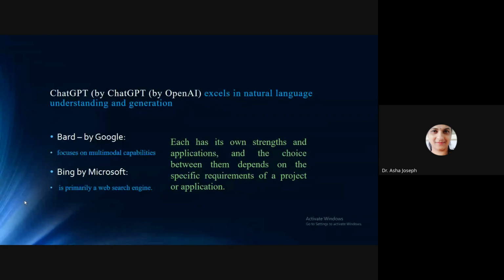And finally, Bing by Microsoft. It's primarily a web search engine, and it utilizes various technologies and algorithms for web search. That also does natural language processing and information mining or retrieval. The specific architecture is again not publicly disclosed by Microsoft.